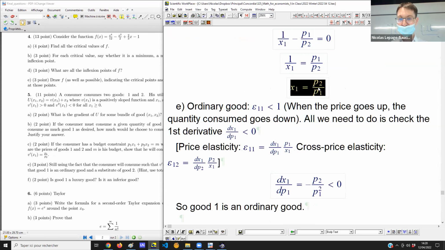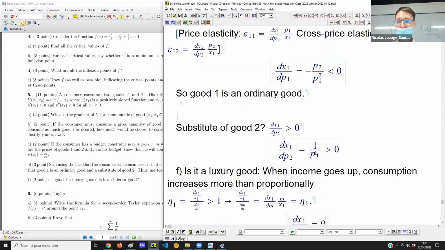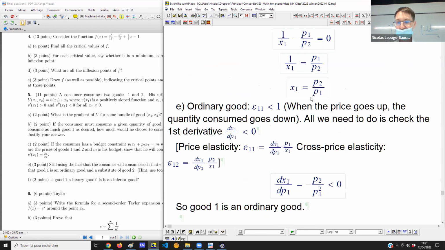So dx1 over dm equals to, so, and how do we know it's 0? Well, because we have an explicit solution. We know that x1 equals p2 over p1, and it's equal to that no matter what the income is.